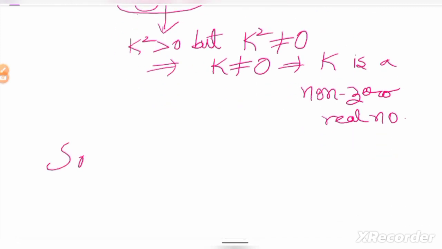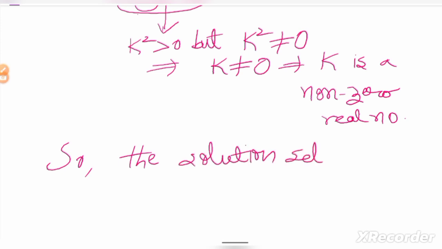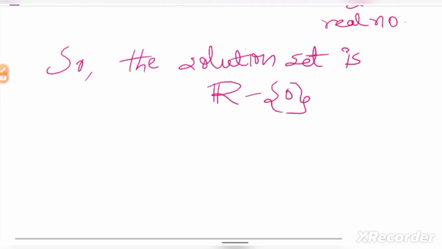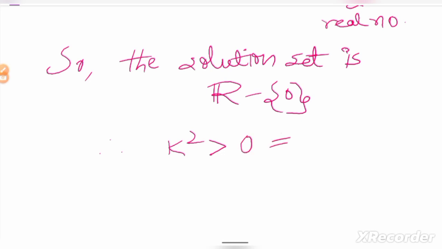So the solution set is R minus 0, except 0 all real numbers is the solution set of k. So therefore k square greater than 0 implies k belongs to R minus 0.